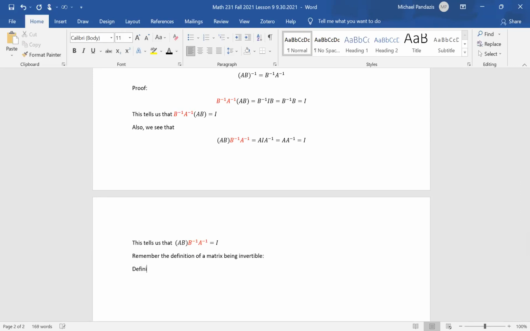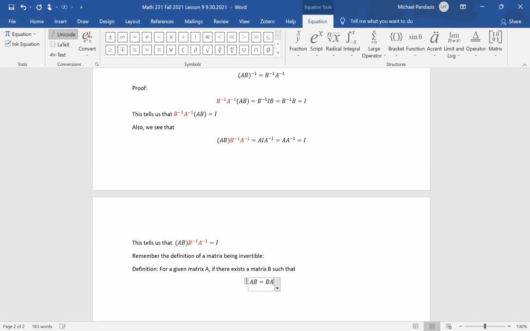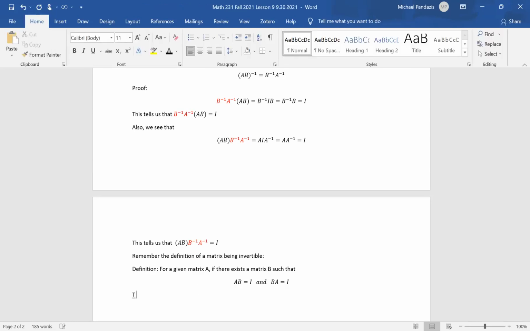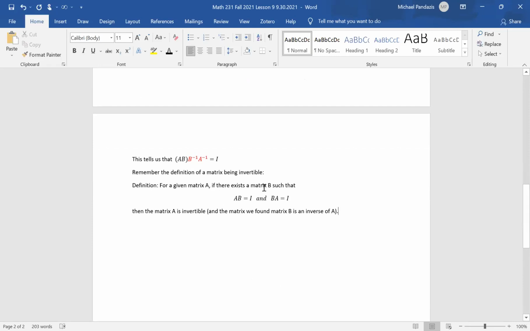The definition went like this: for a given matrix A, if there exists a matrix B such that AB equals I and BA equals I, then the matrix A is invertible, and the matrix we found, matrix B, is an inverse of A.